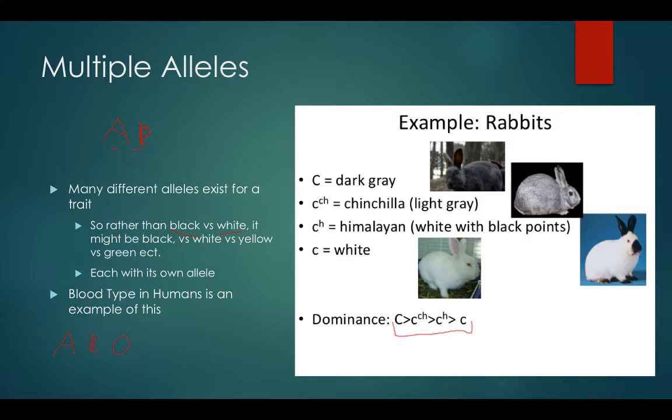If you have type A blood, that means you have the A allele and the O allele. If you have type B blood, that means you have the B allele and the O allele. If you're type O, like I am, that just means you have two O alleles. So this is kind of how multiple alleles work. It's just saying there are multiple alleles that are going to affect it.